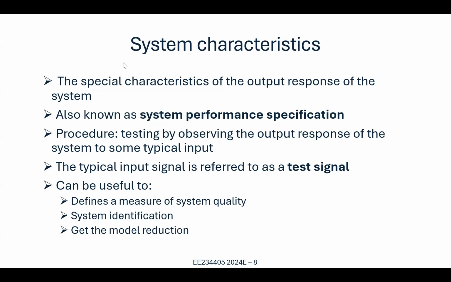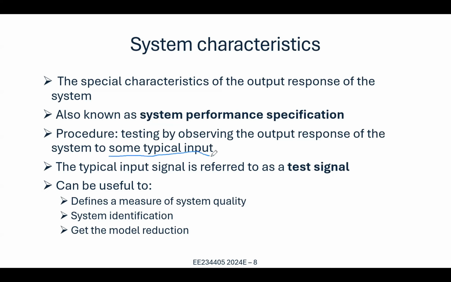And yeah, so the special characteristics of the output response of the system here is called system performance specification. And we have several procedures, which is by testing, by observing the output response of the system to some typical input. So maybe you already knew this.